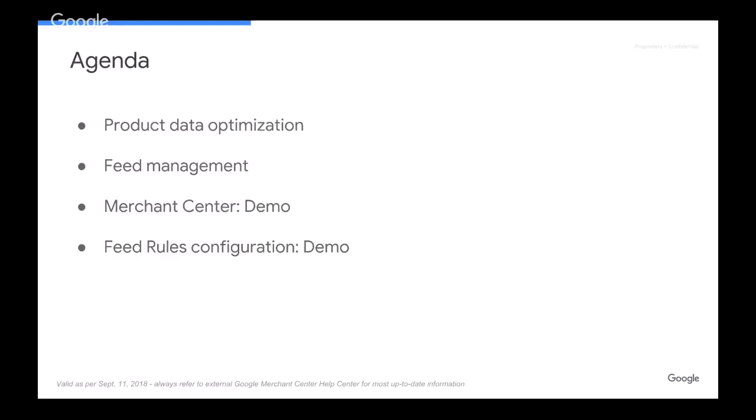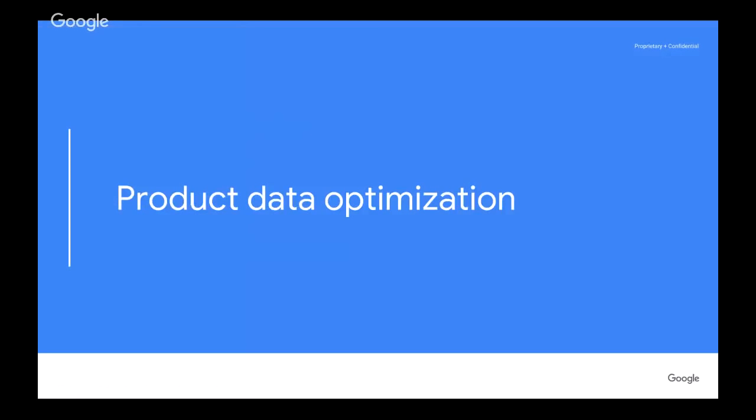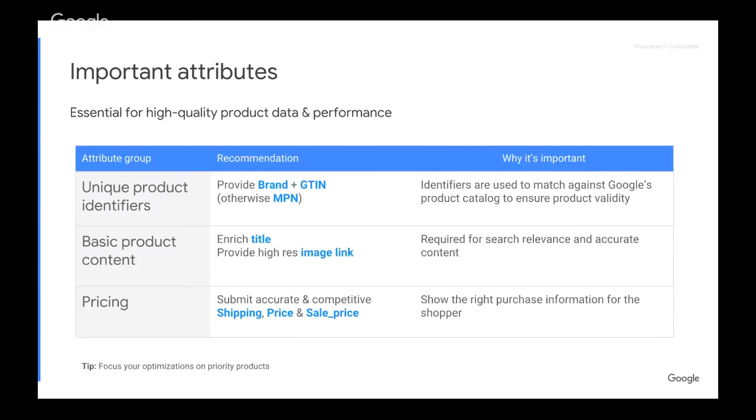But first off, I'd like to start with product data optimization and important attributes that you should take a look at. You'll see important attributes on this slide that are really essential for high quality product data and performance: unique product identifiers, product content such as title and image link, and pricing, that's price and sale price, and shipping as well.